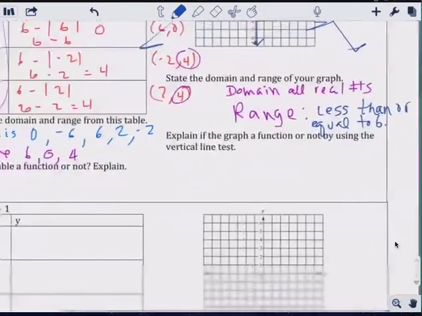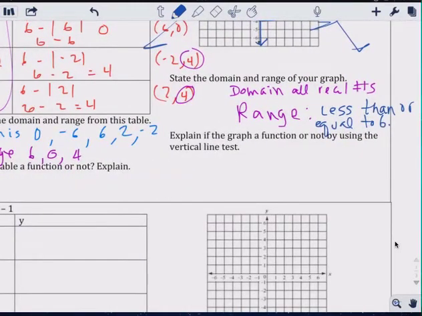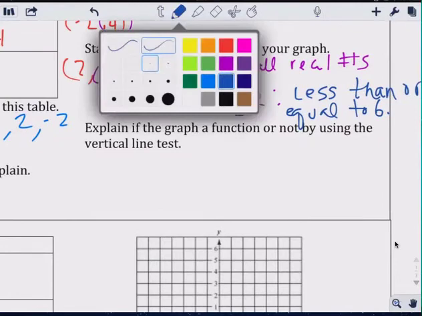Okay? That's correct. Is the graph a function? Yes, it is.